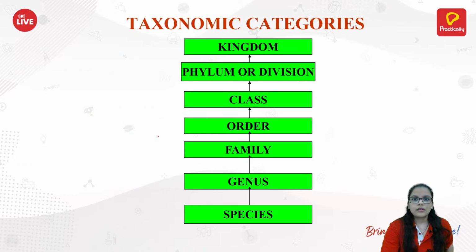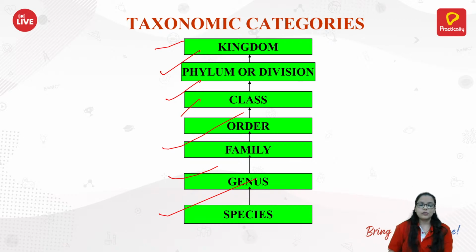Okay, so this is the main thing which I wanted to discuss today, the taxonomic categories. As I said, there is kingdom, there is phylum, there is class, there is order, there is family, there is genus, there is species. Okay, so you can write it in a mnemonic kind of a thing.